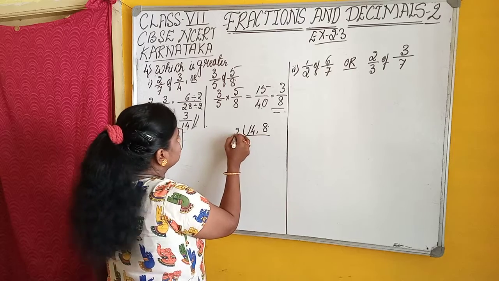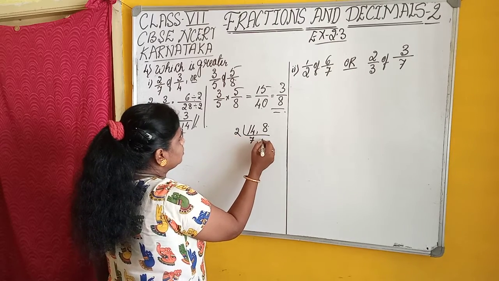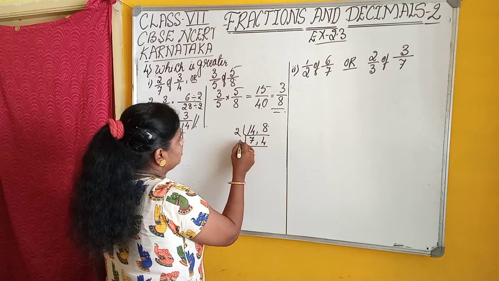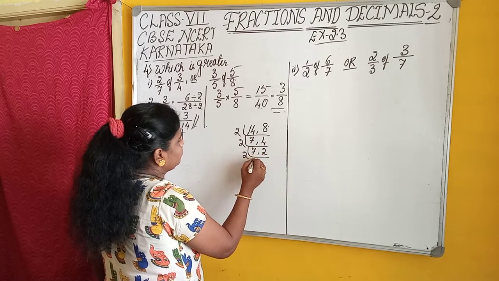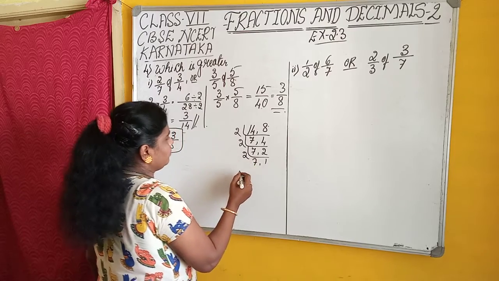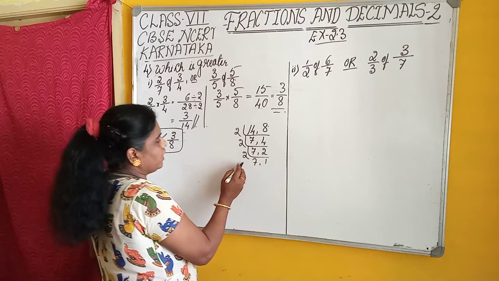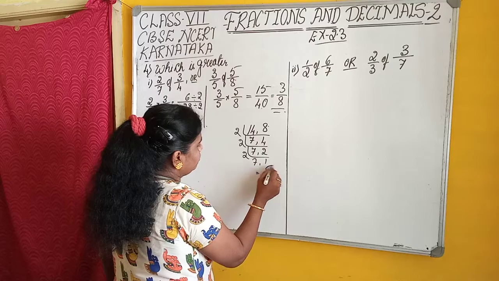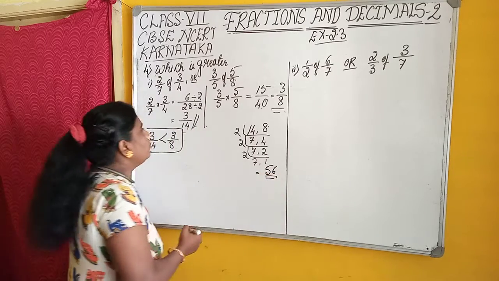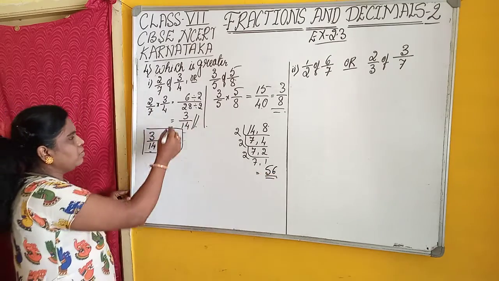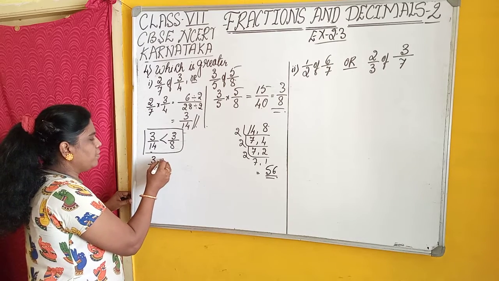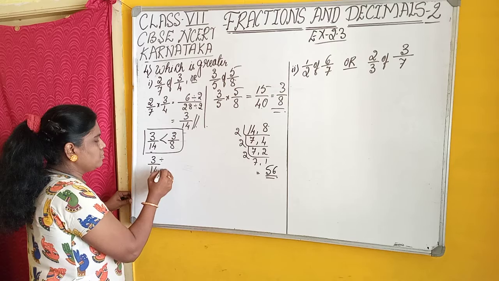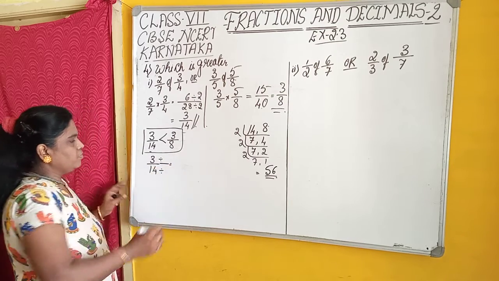That is, 2 7s are 14, 2 4s are 8, that is 2 2s are 4, 4 2s are 8, 8 7s are 56. Here we got the LCM 56. Now bring both the denominators to the LCM 56.